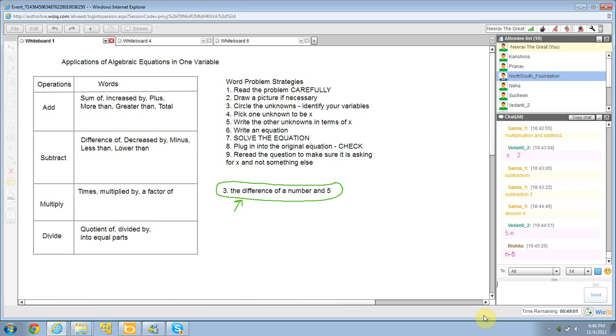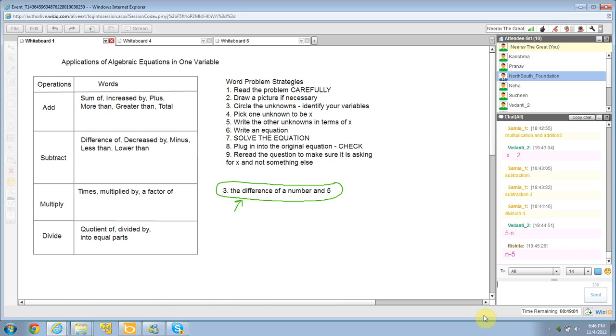So, okay. Then why don't we do number 5? Okay, so 7 less. Yeah, we can do more problems like these.